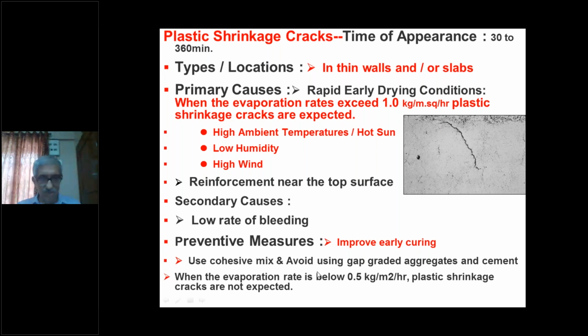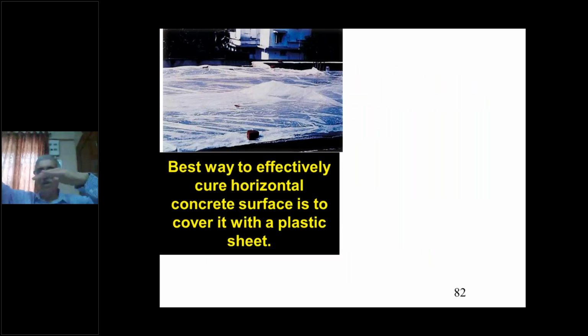Use a cohesive mix, avoid gap graded aggregates and cement. Even cement has to be uniformly graded. When the evaporation rate is below 0.5 kg per square meter per hour, plastic shrinkage cracks are not expected. So the critical range is between 1 and 0.5.